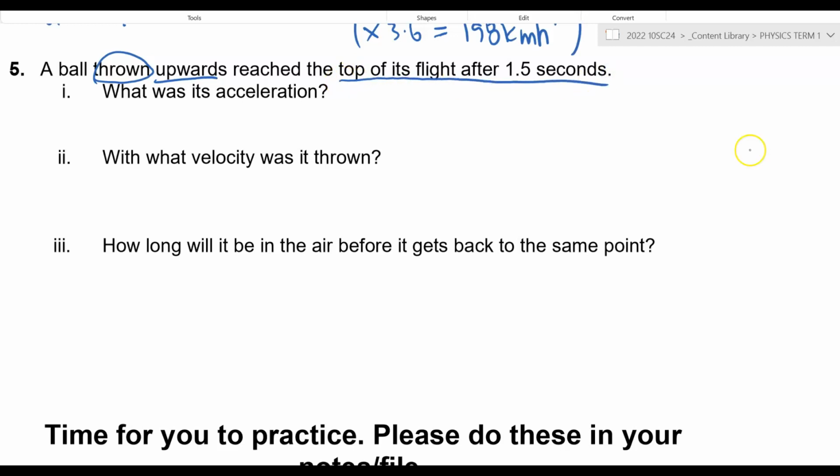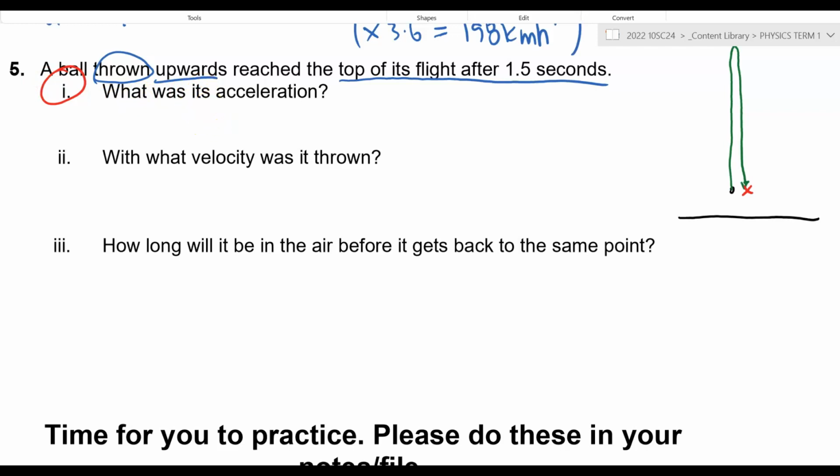I'll draw a rough diagram. Here's the ground, and the ball might have been thrown up from there, and it's gone straight up and come down again. I'll draw it like a bit of a parabola just so we can see the upwards and downwards path. So it's caught again there. The thing to remember is, this is key here, and I'll highlight it.